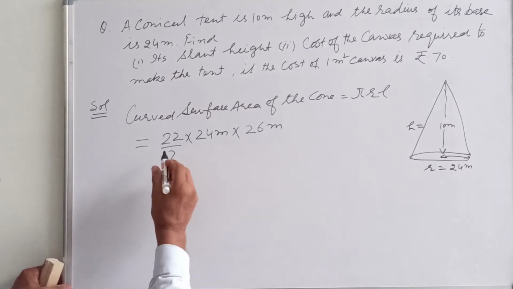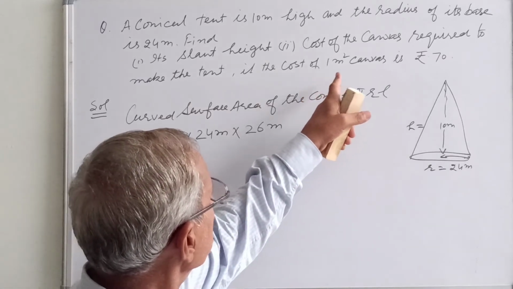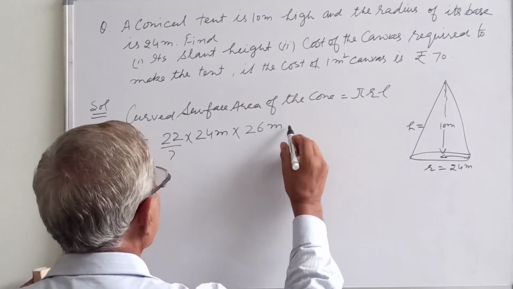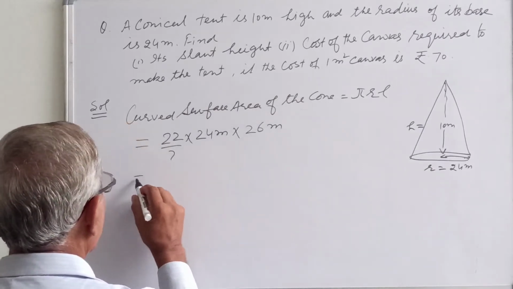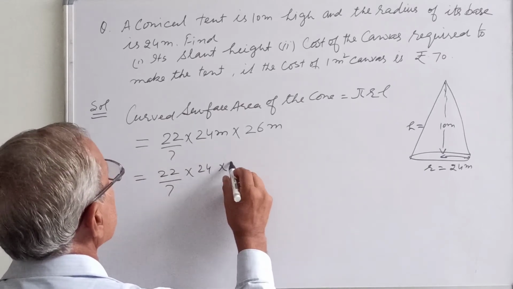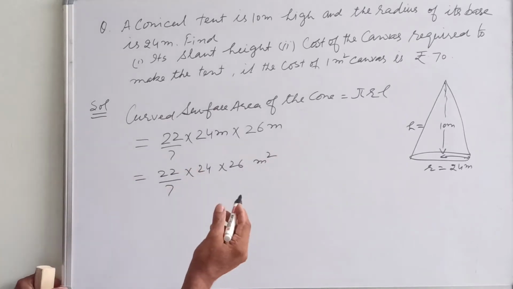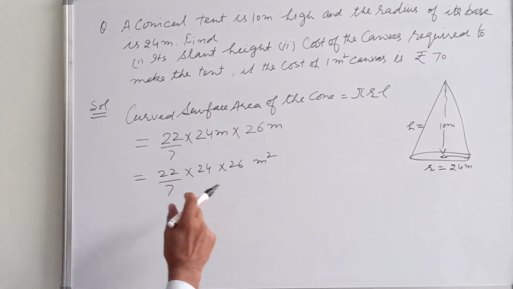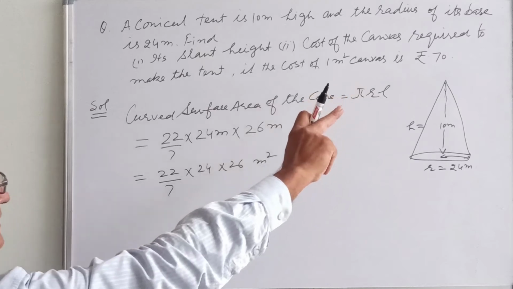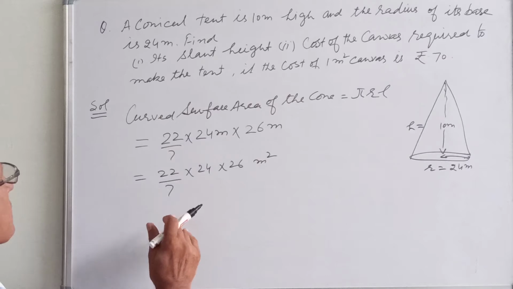So multiply all these, this will be in meter squares. 22/7, 24 into 26 meter square. We need not multiply here. After that we multiply by the cost of 1 meter square, so that will be the final answer.